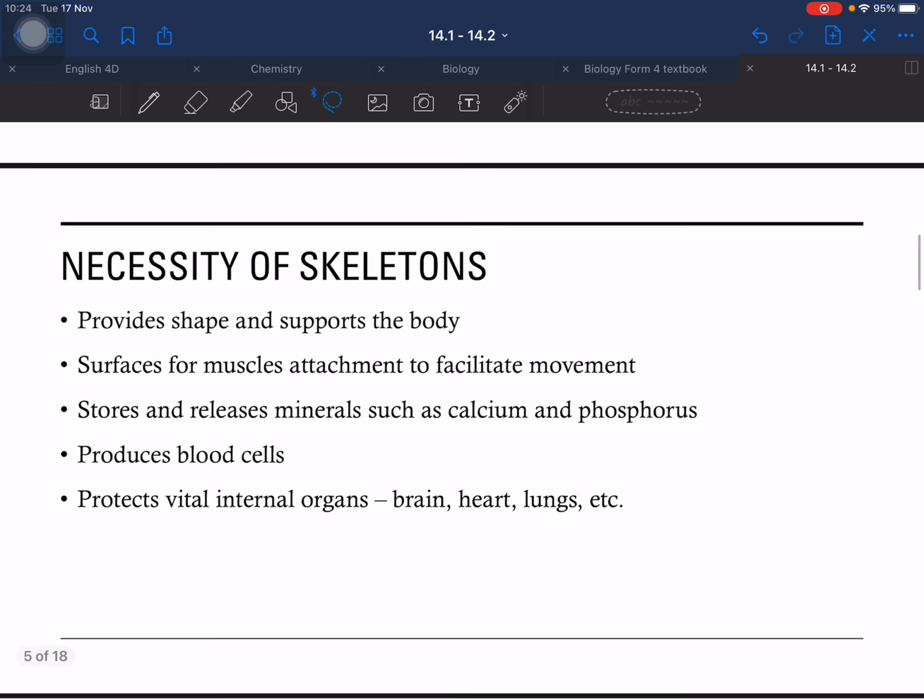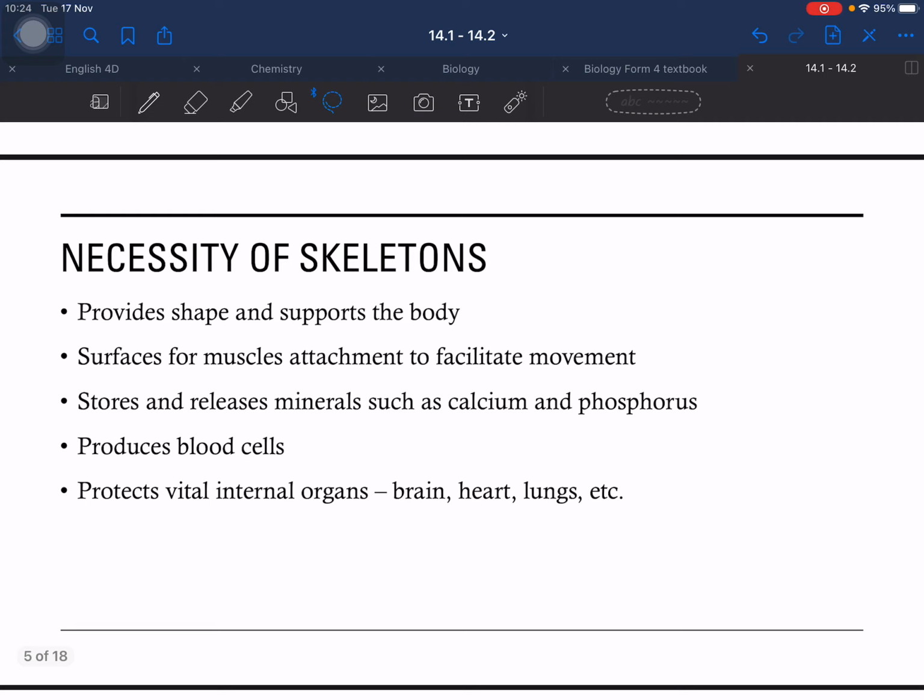So the necessity of skeletons is to provide shape and support the body, which is why all of the living things have different shapes and different squishiness, for lack of better words, and supports that shape of the body.